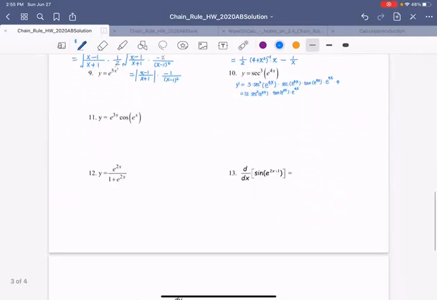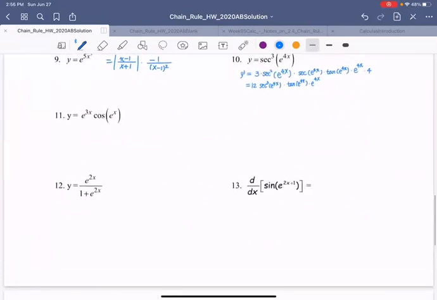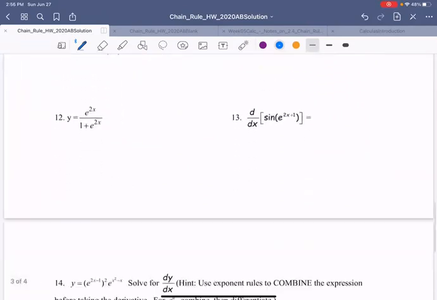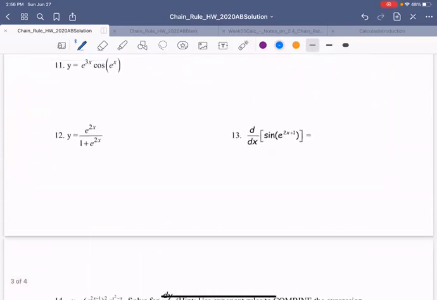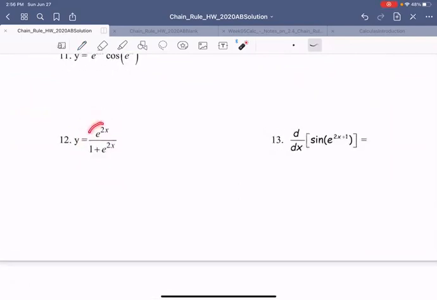Now let's do number 12. For doing this one, you can use the quotient rule, but it's a little bit slow. I want to change this question a little bit.